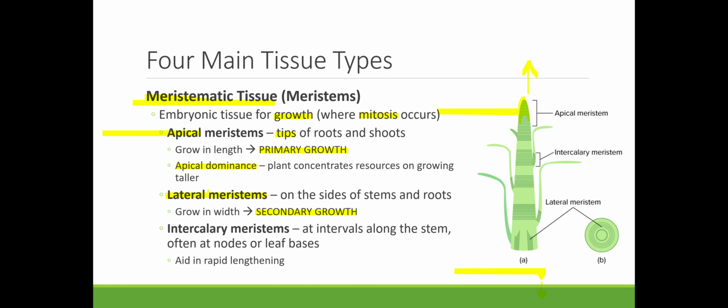And so that kind of growth is going to occur at lateral meristems. And there could also be these intercalary meristems, which are going to be along the stem, and they could allow for growth around the nodes or the leaves. And we'll take a look at what these structures are here shortly.